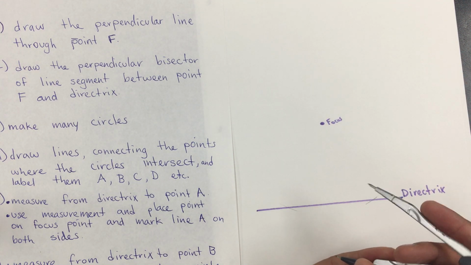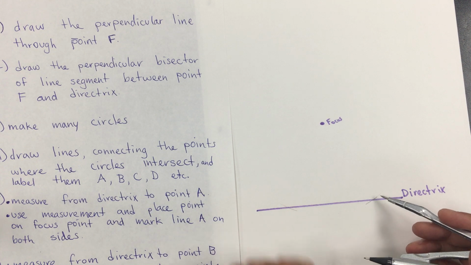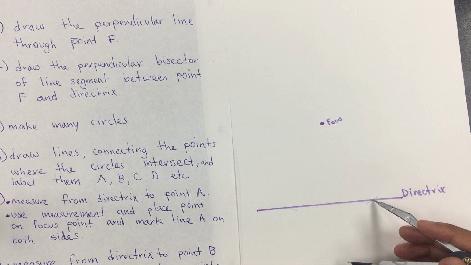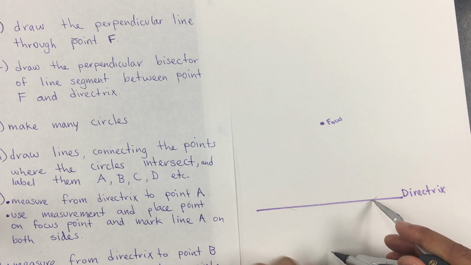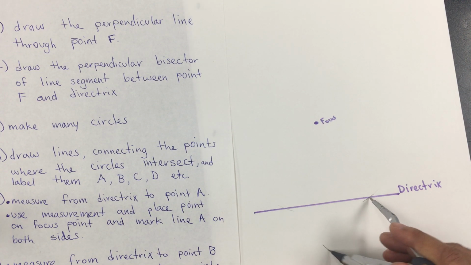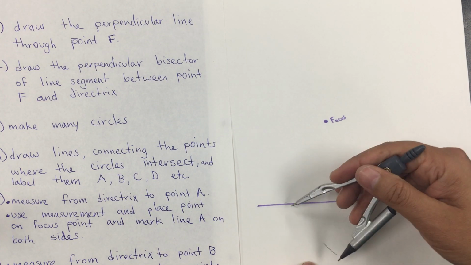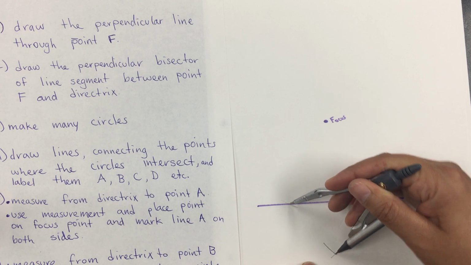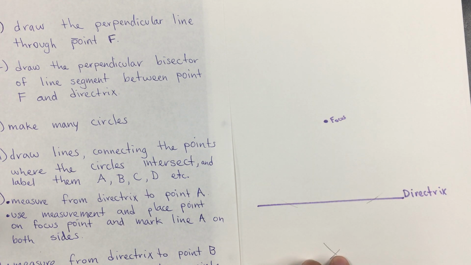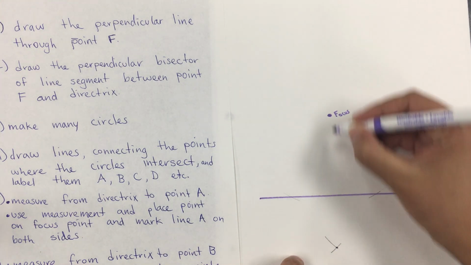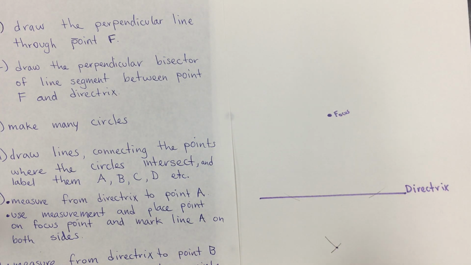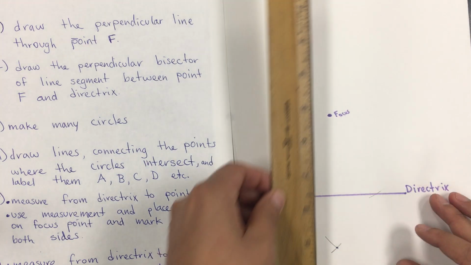Then you can close it or leave it if you have enough space. From these 2 marks on the directrix, I'm going to make 2 little arcs. And where the 2 meet, you're going to connect those 2 points and that's going to be your perpendicular line.